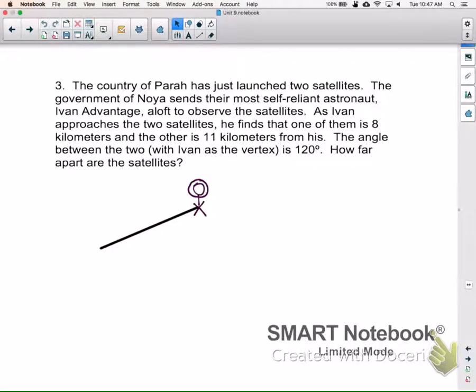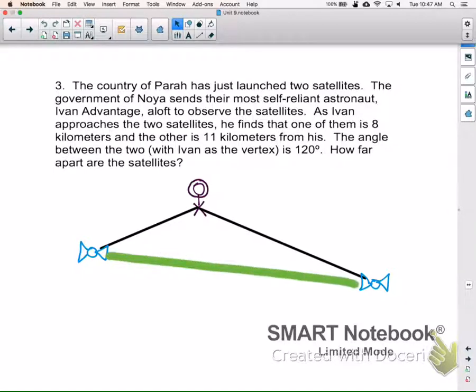Here is the one satellite, 11 kilometers from the other. Can I say that word, kilometers? That'd be great. Okay, here's my satellites, which look remarkably like something off of Star Wars. We would like to know how far apart are they. So they're asking for that distance, which nicely completes my triangle.